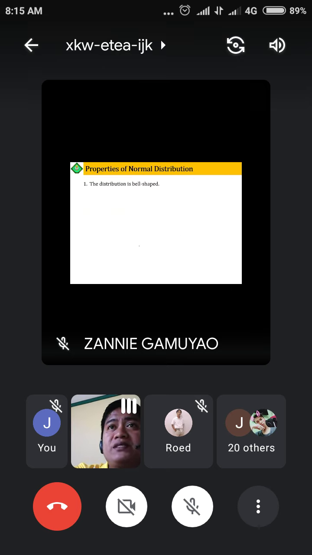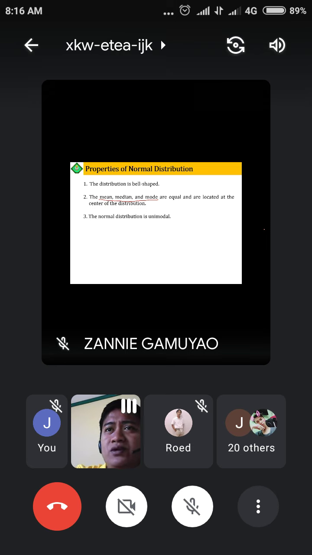So what are the properties of the normal distribution? Number one, the distribution is bell-shaped. So yun yung sinabi kanina na bell-shaped siya. So para masabi natin na bell-shaped siya, dapat yung mean, median, and mode are equal. So that is our topic last meeting, and they are located at the center of the distribution.